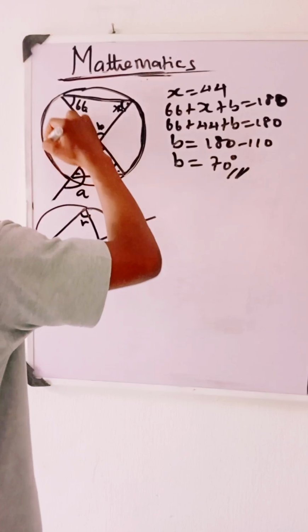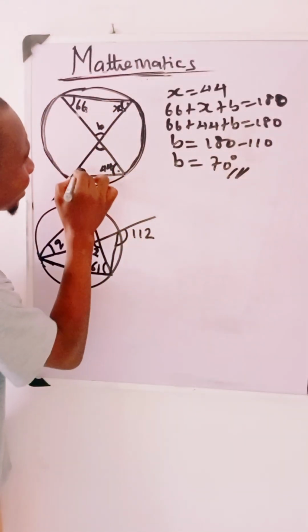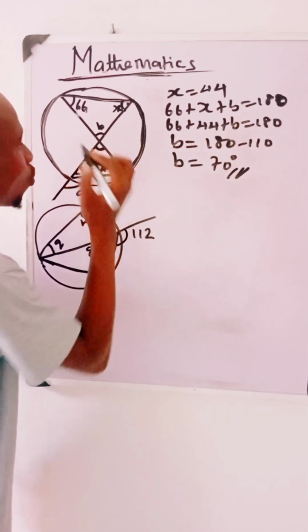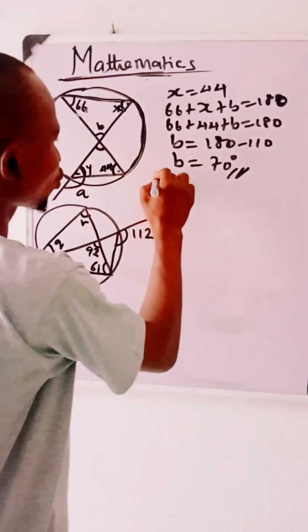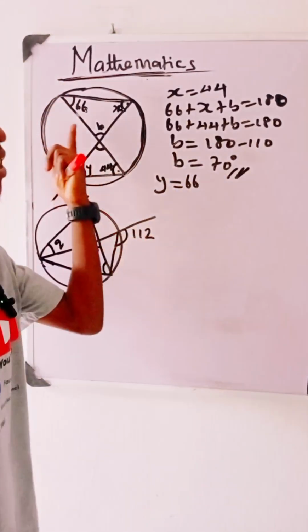You see the same arc. So 66 is equal to only this angle. Let me call it Y. So my Y is equal to 66 based on this rule.